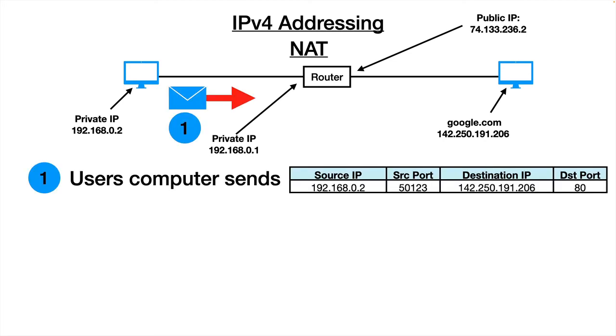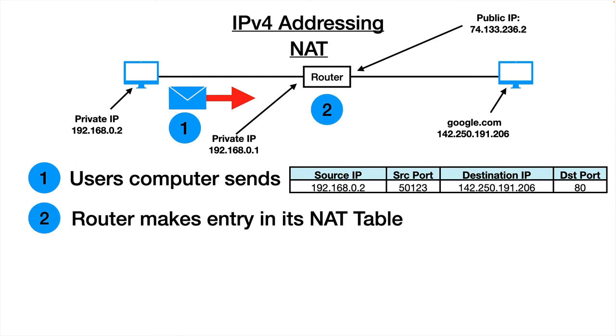So the first thing that happens is the user's computer will send a packet that shows that it's destined for Google. Since Google is not on its network, it will go to the default router, which is 192.168.0.1. The router will read that packet. It will put an entry into its NAT table about the conversation that's going on.